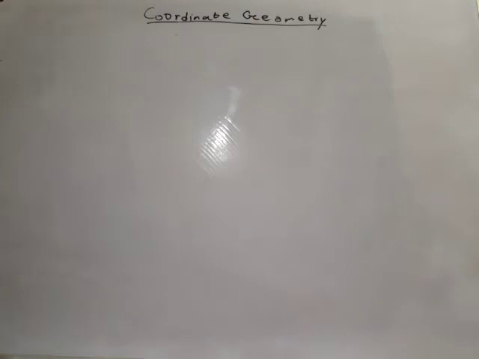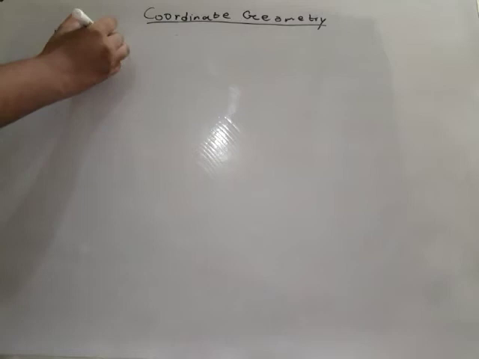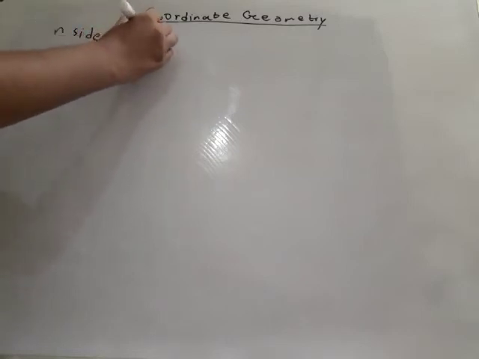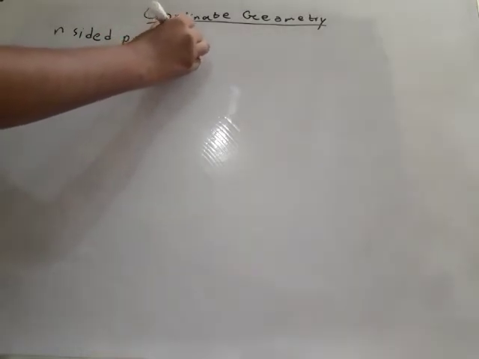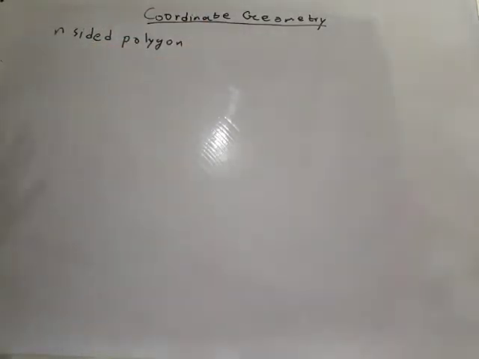The third part is the area of a polygon. Now there are many methods to find the area of a polygon, but I will tell you to remember only one. This will be helpful. So let there be a polygon, an n-sided polygon, and there are n vertices.